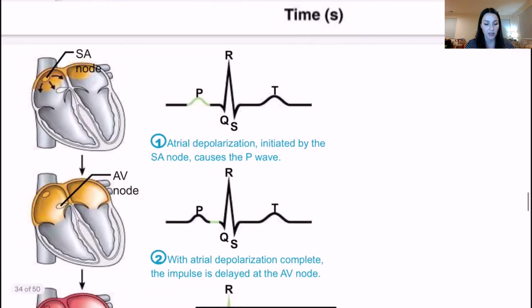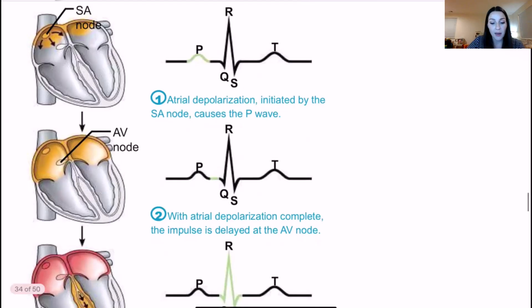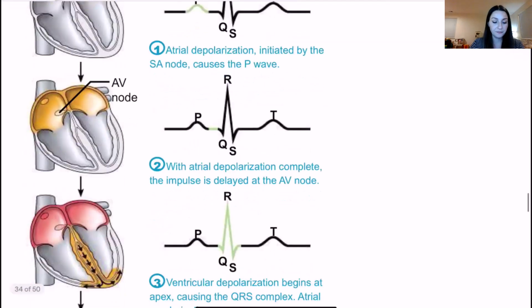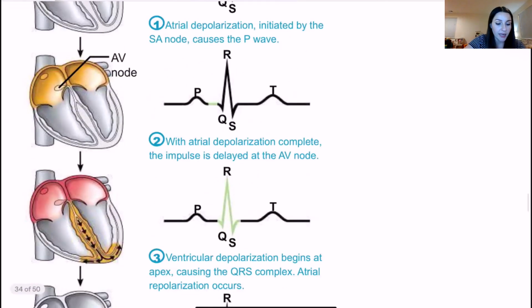Okay, so again, first what happens is we have the P wave. And the P wave, that's when the atria depolarize because the SA node's doing its thing. That means releasing its signal of depolarization. So that's P wave. The SA node spreads its signals to the AV node.